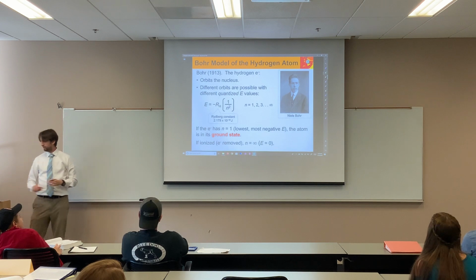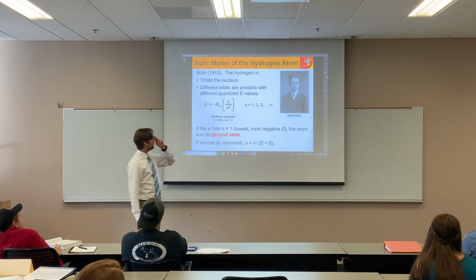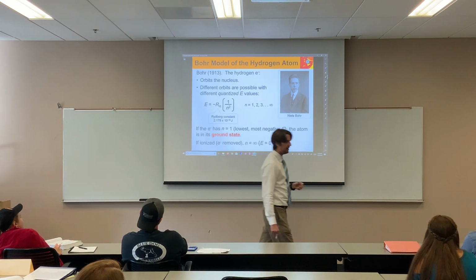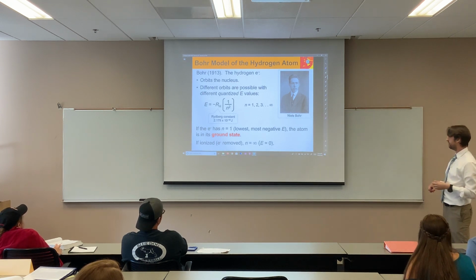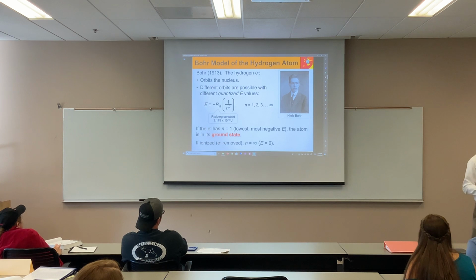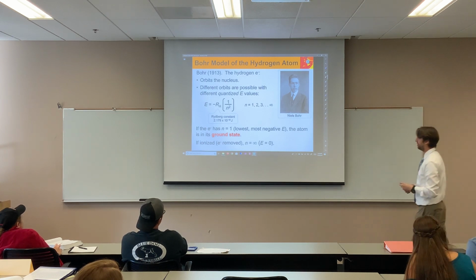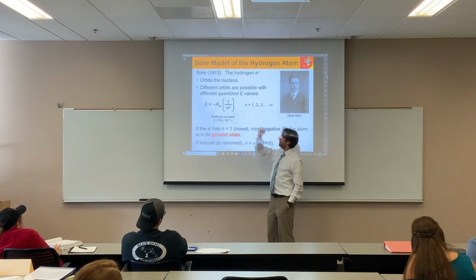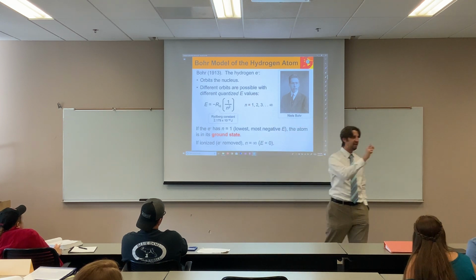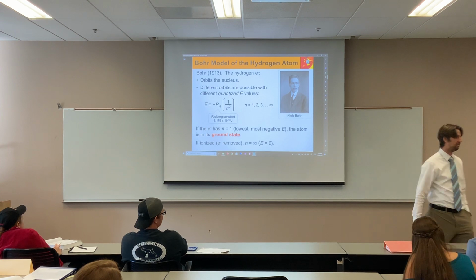All right. So how did this all come together? Niels Bohr came to this in 1915, essentially 1930, excuse me. So not that long ago, only about 100 years since we started to figure this out. We can find that the orbits of the electrons are in distinct steps around the nucleus.